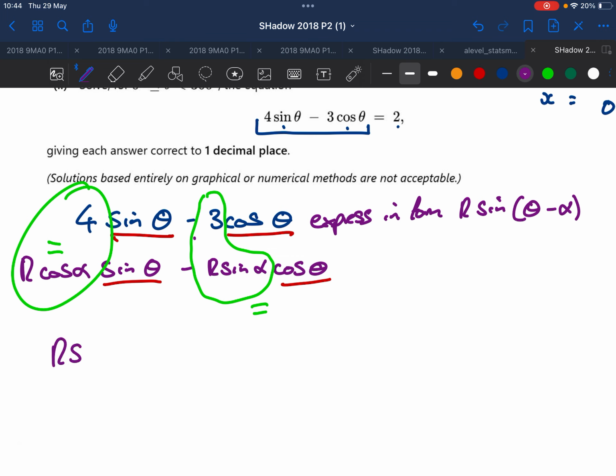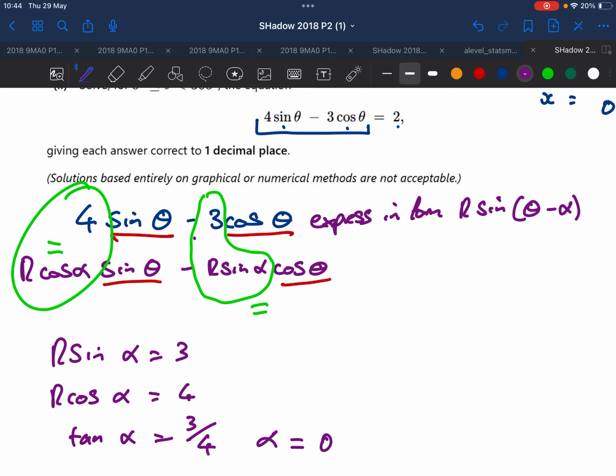We're going to say that r sine alpha is 3, r cos alpha is 4. If I divide the top equation by the bottom one, I've got tan alpha equals 3/4. Okay, and I'm making sure that I'm in radians mode. So alpha is going to be inverse tan of 3/4.